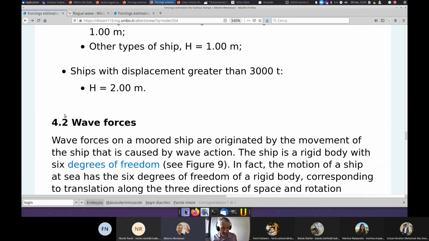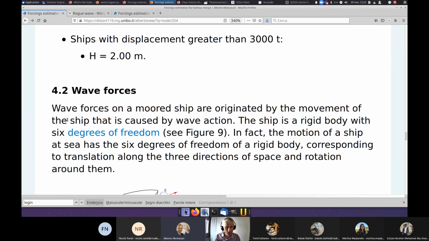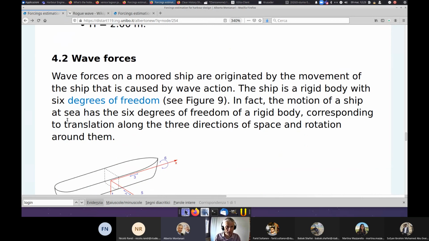I would say that I should stop here. Now the next discussion is about computation of wave forces. It's a similar topic as computation of wind forces. There are some mixed empirical physically based equations, relationships that give you an estimate of the wave forcing.